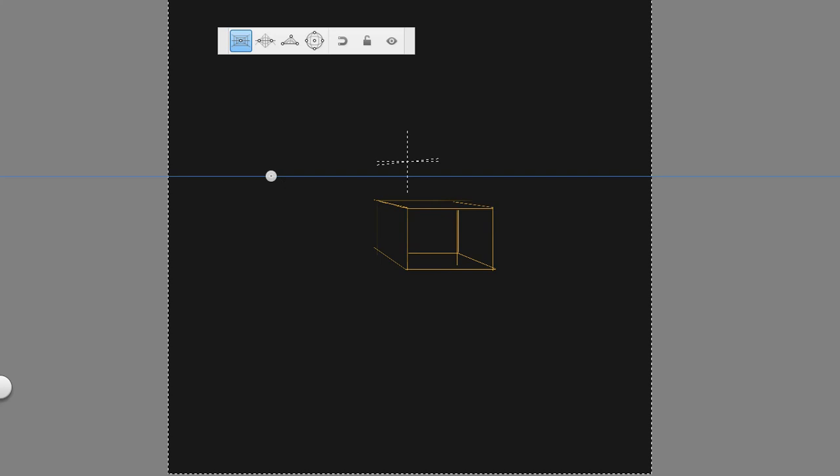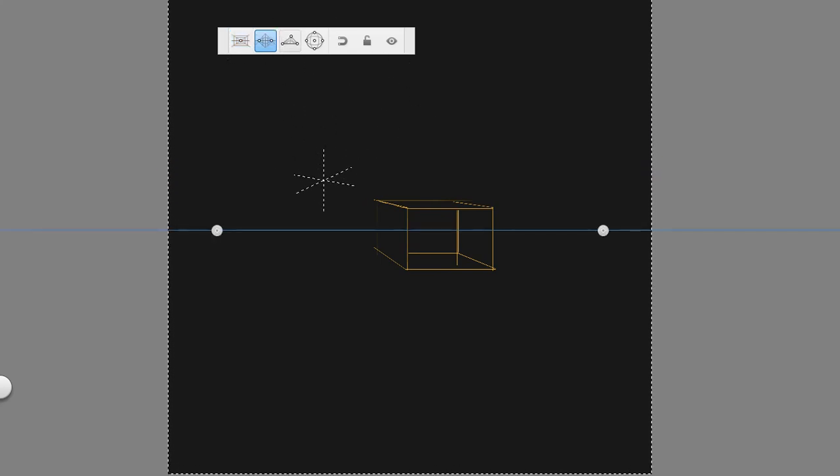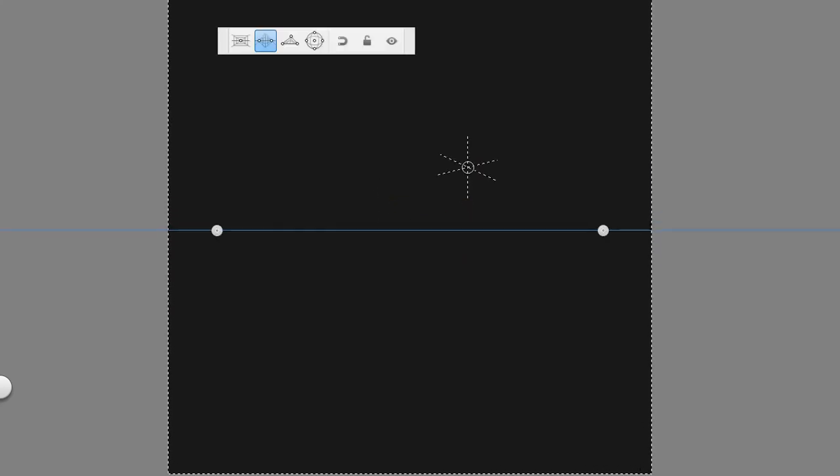But just to give you an idea, there is two-point perspective, which is similar, but in this case there are two points of convergence. So now neither of these pairs are parallel, nor these pairs are parallel.